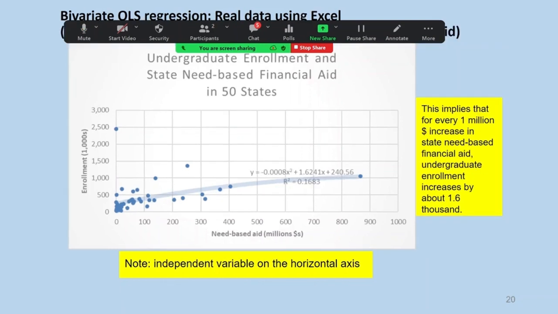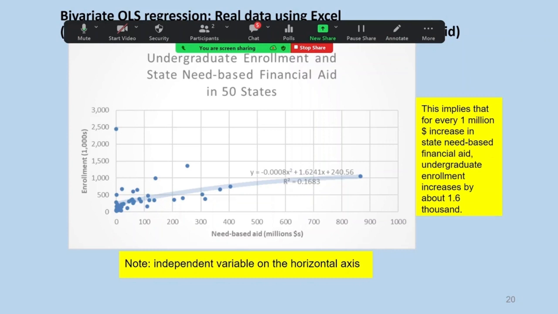Okay. So now this is different. Is this a straight line? No. It's what we call curvilinear. There's a curve in the line.